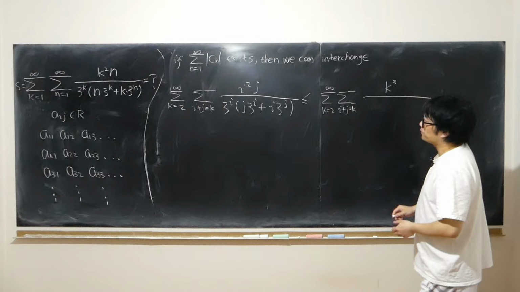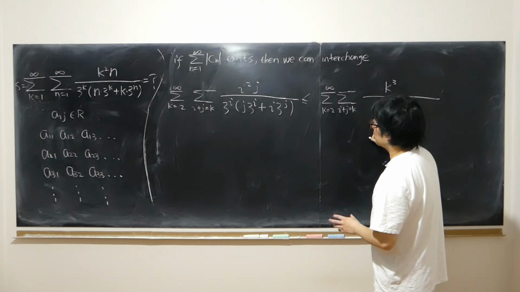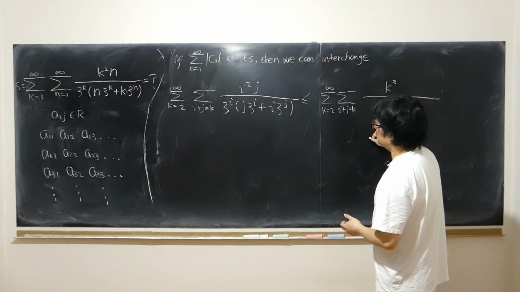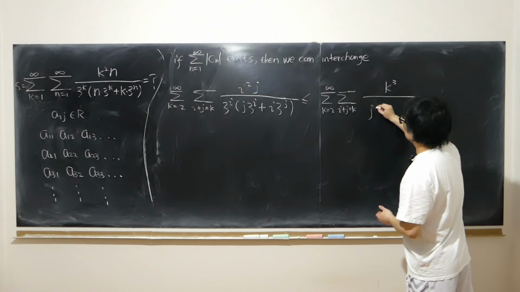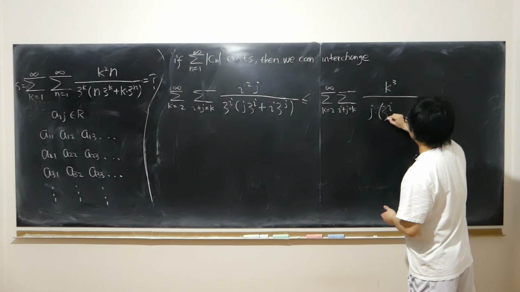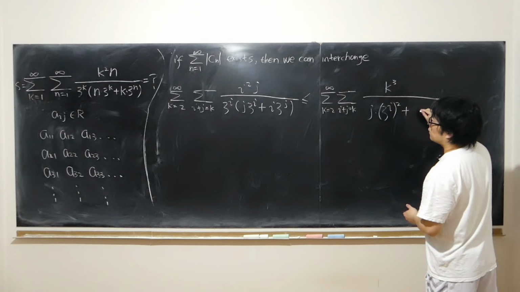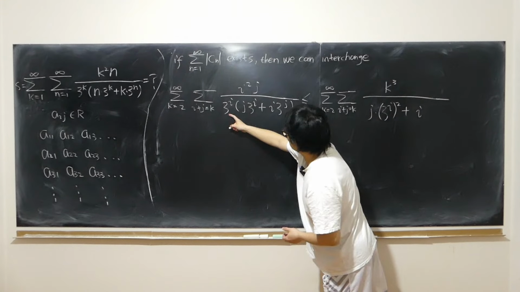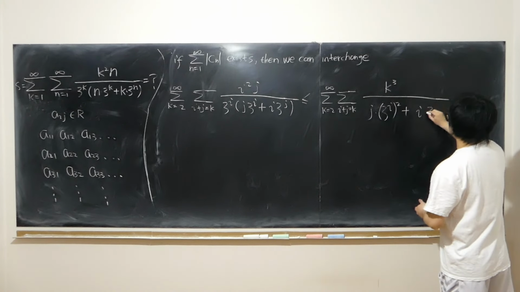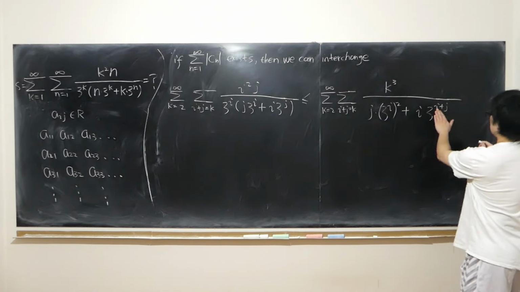So I can do this, expand it first. So j times 3 to the i, then square, plus i times 3 to the i times 3 to the j. 3 to the i plus j. i plus j equal to k. So 3 to the k.